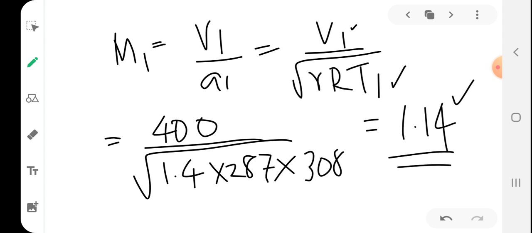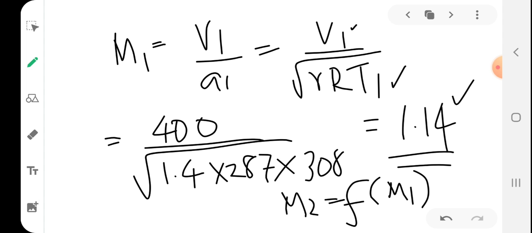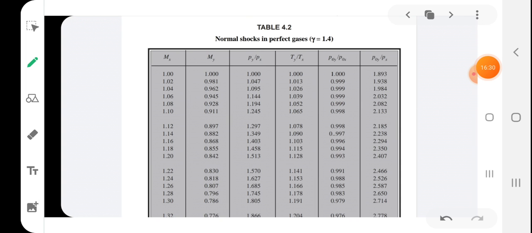Corresponding to 1.14, you can find M2 as a function of M1 and gamma, given in the table. So we can check the table now. In this table you can see normal shock for perfect gas, gamma 1.4.